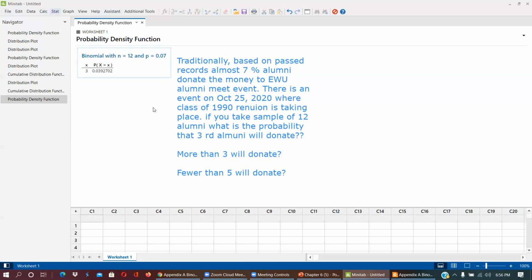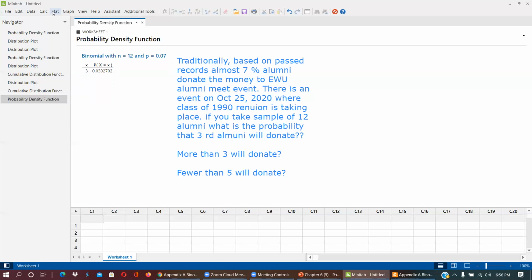Now, more than 3 will donate. What is the probability for this? Is that just 1 minus the probability that we just determined? Not quite.